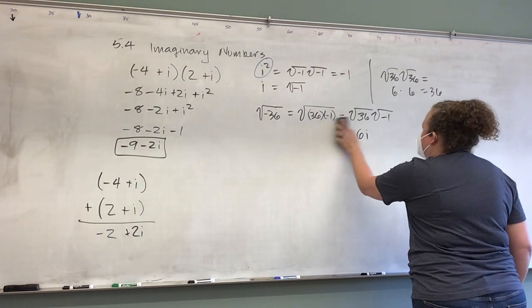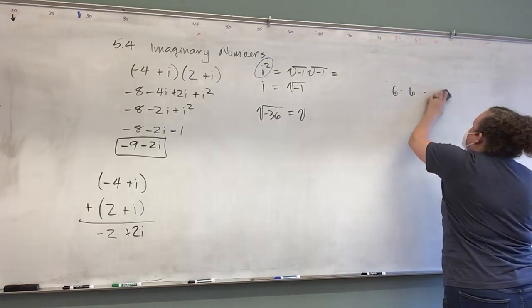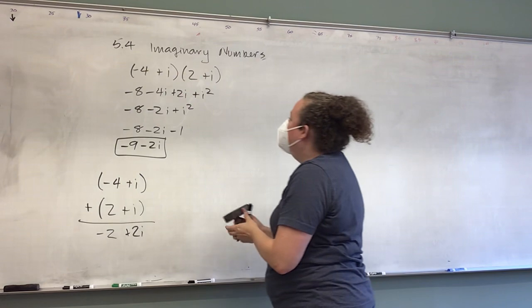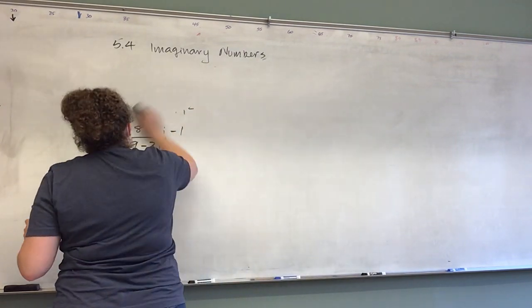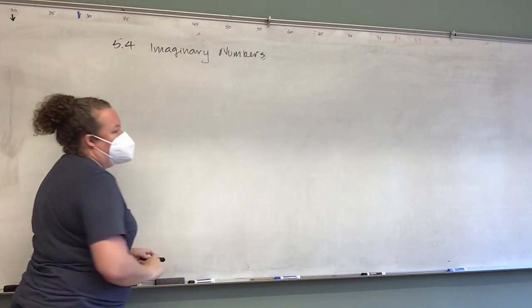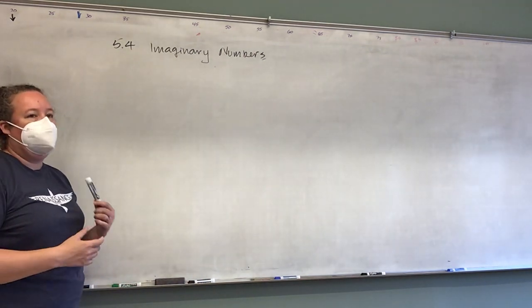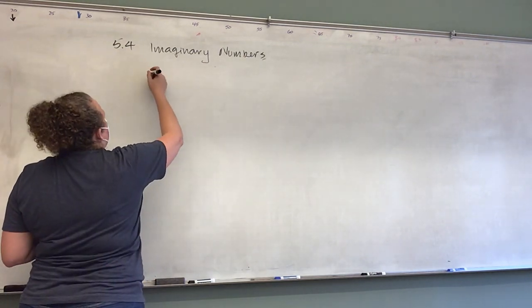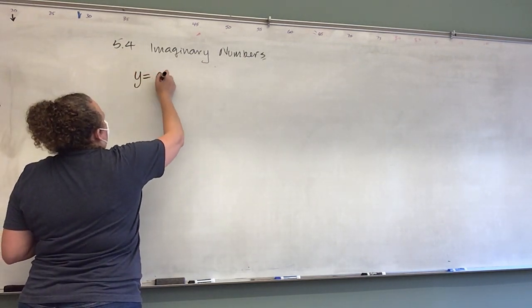So like I said, the reason that we need to know how to do imaginary and complex number operations is because they can come up when we are solving quadratic equations. So let's go back to our example from before.